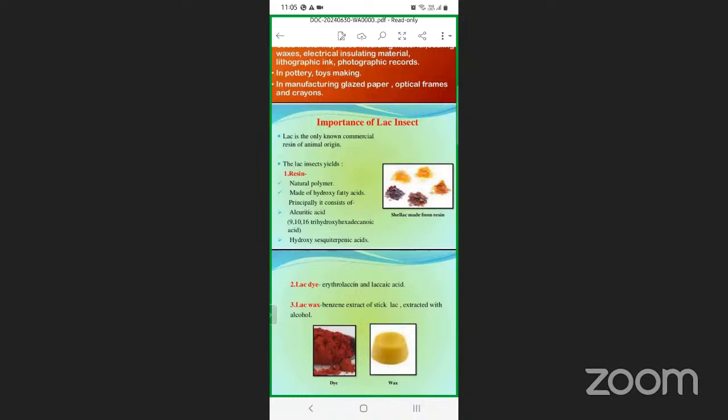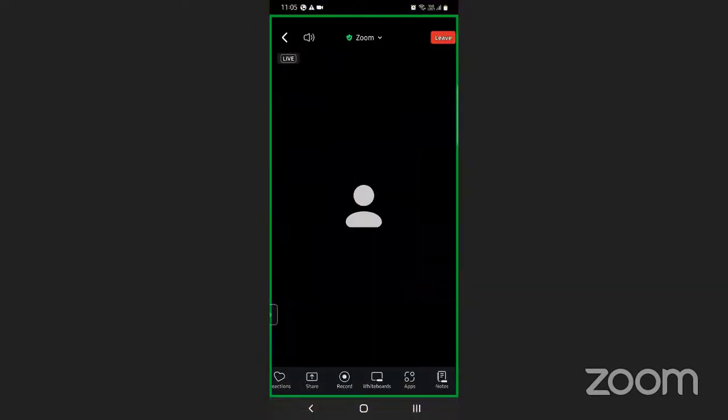Next topic, what will you explain, ma'am? Silk moth. You explain, ma'am, because it is easy for us. You can listen, but if you need a break I'll take 10 minutes and continue in the next class.